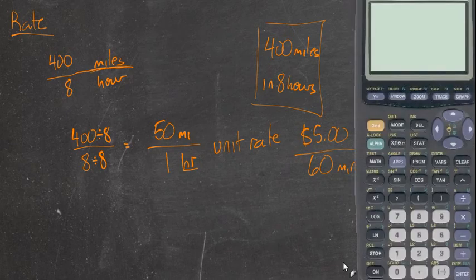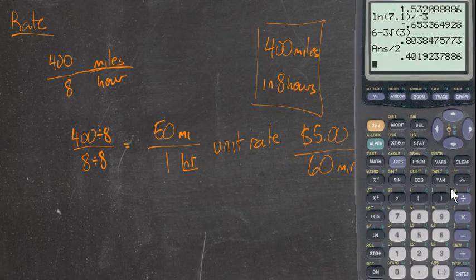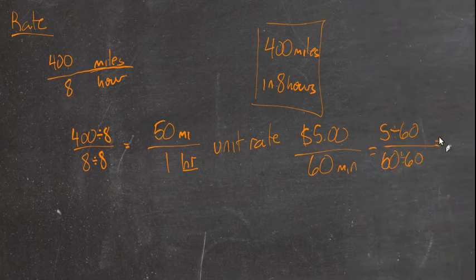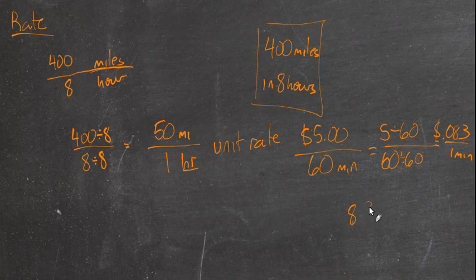I definitely don't know that decimal off the top of my head, so come back to the calculator here. 5 divided by 60, 0.083. So 0.083 what? Dollars per 1 minute. So that would be 8.3 cents per minute, which for overage minutes is not too bad.